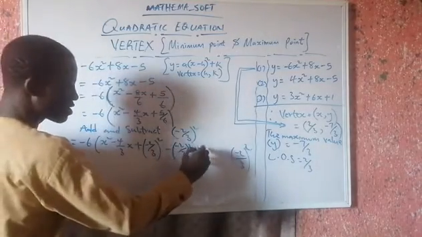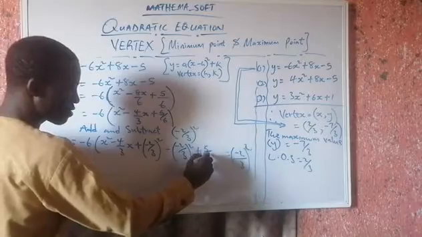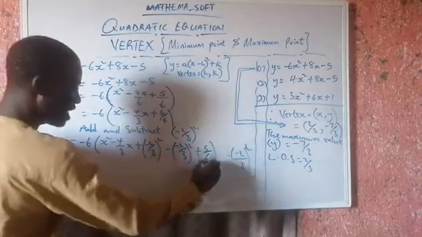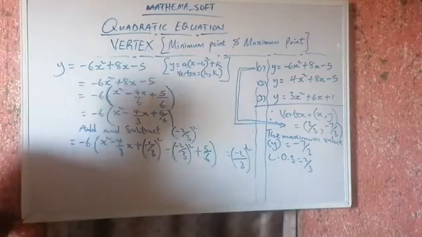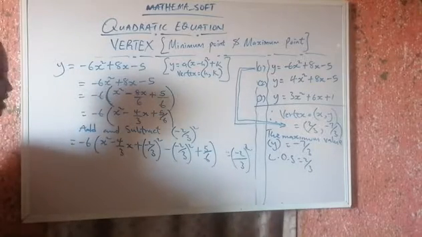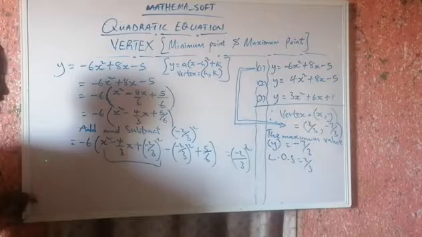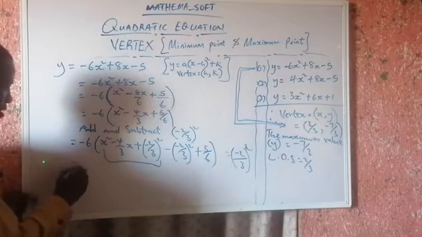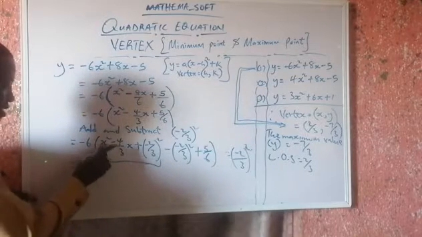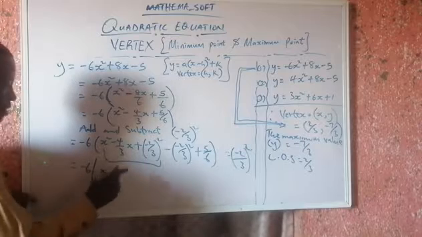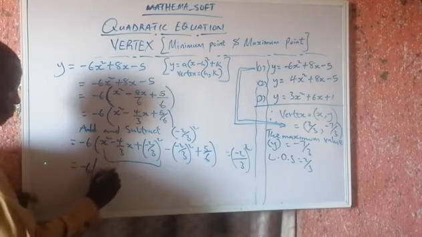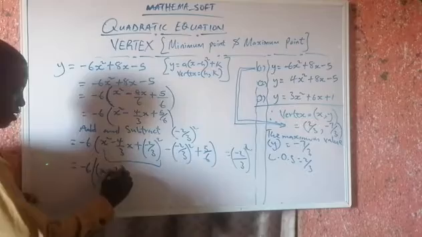We have plus 5 over 6. And then everything is enclosed in the brackets. Now, under the completing the square method, this can be written in a short form as minus 6 brackets. I will take this x, and then what do we have inside there? Minus 2 over 3 squared.